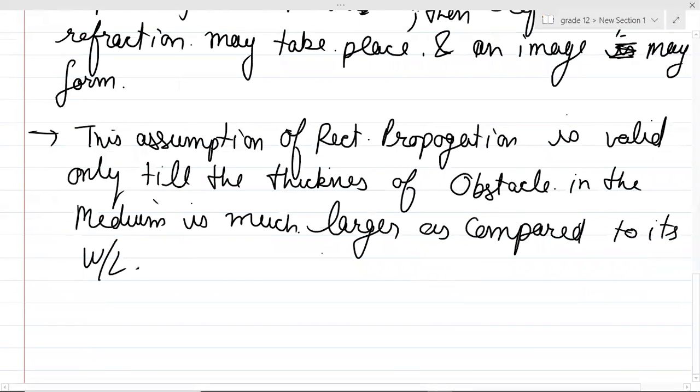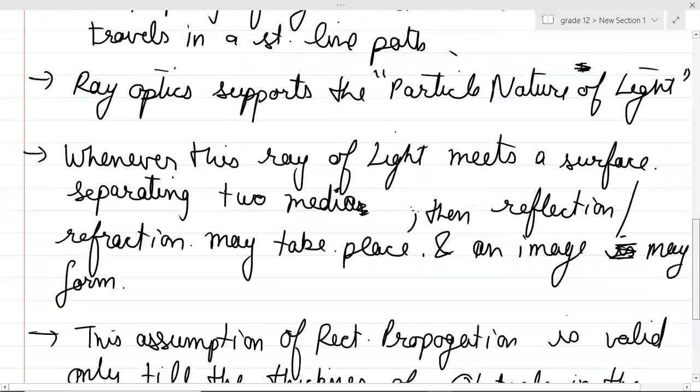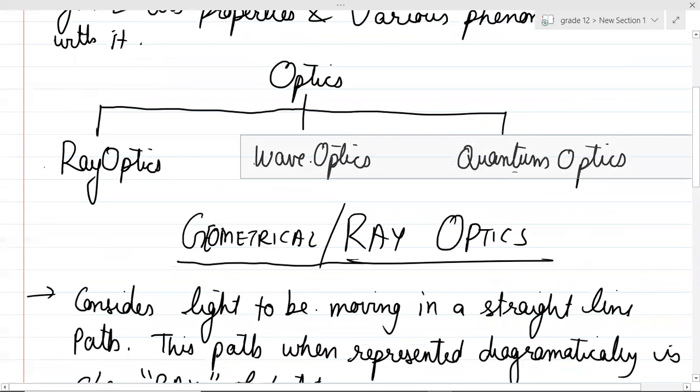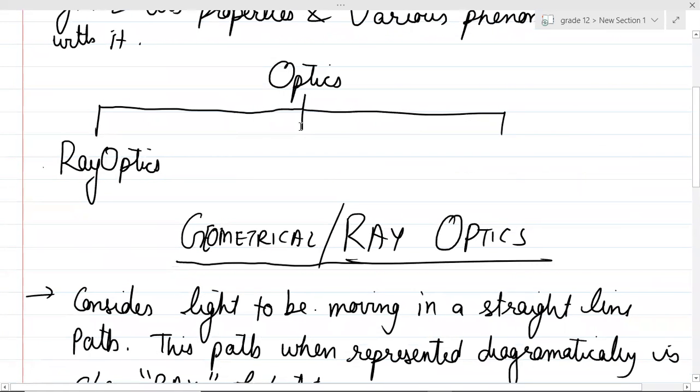So geometrical optics. Acha, by the way, this is a further classification, right? In case you don't want to do it like this, you can either have geometrical optics, or you can have physical optics.